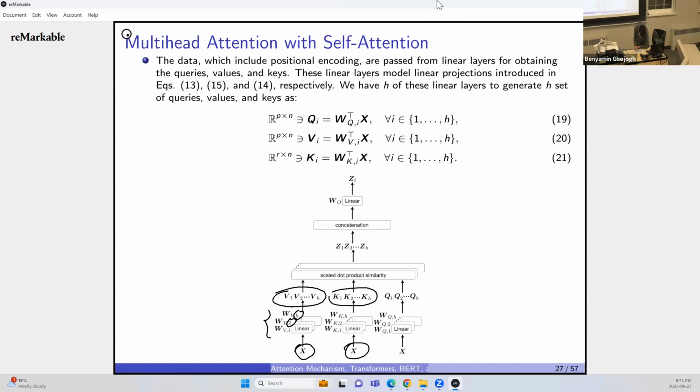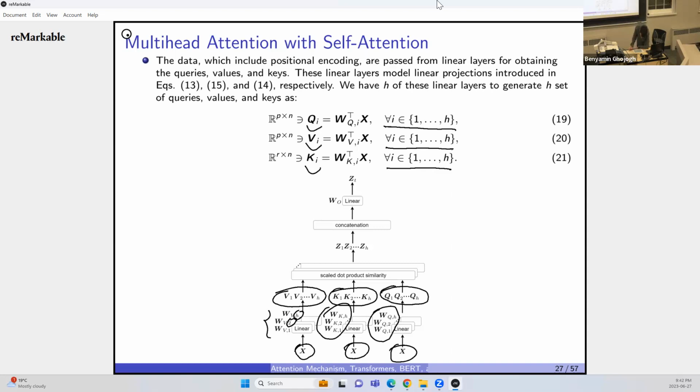Using them, I have K1 to KH. So H keys, H values, and then H queries. Queries, sorry, H queries, H keys, and H values, okay? And then, using all of these weights, this is multi-head attention. I have H of them. Then what do I do? So as I said here, I have H of them.